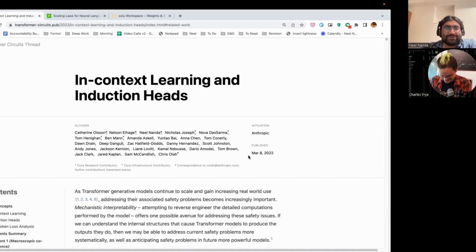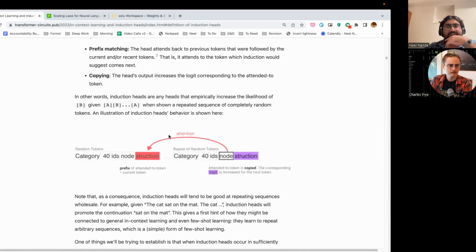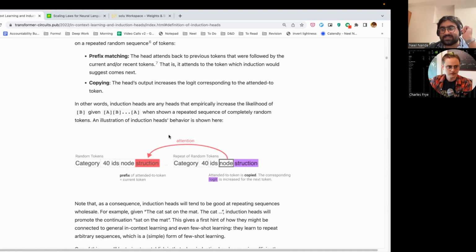So this is the paper about in-context learning and induction heads. So what is an induction head and what is in-context learning? An induction head is this small circuit that gets learned by transformers, where you have two attention heads in different layers that are cooperating to make this thing which learns to look for repeated sequences in the text and to continue.